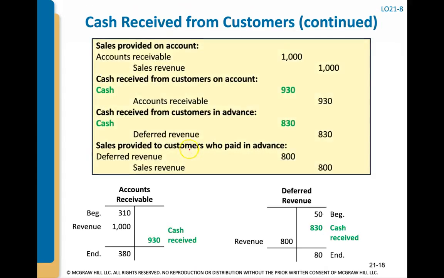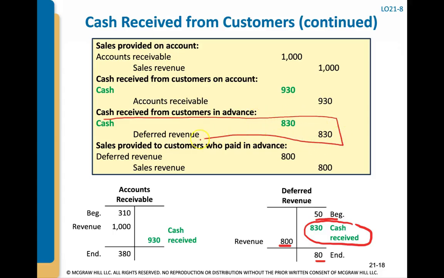Similarly, when you're looking at your deferred revenue, we had a beginning balance of 50. We said $800 was earned, so we debited our deferred revenue by 800. Our ending balance is 80, which means we had a credit to the deferred revenue, which means that we received more cash from our customers.